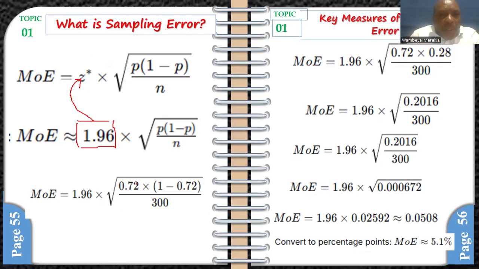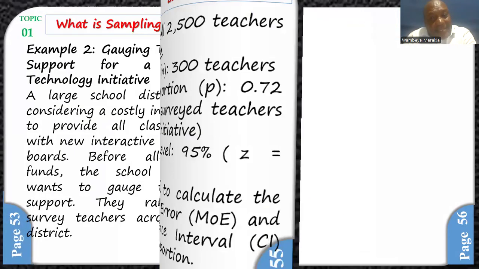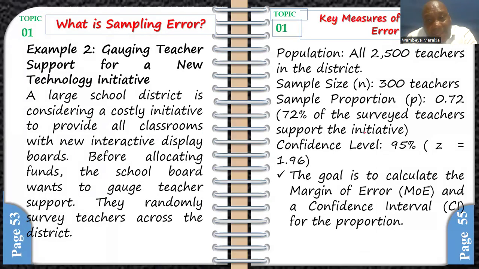Then 0.72, it is the 72%. And where are we getting the 72%? It is here, the proportion of the population that supports the initiative, 72%.